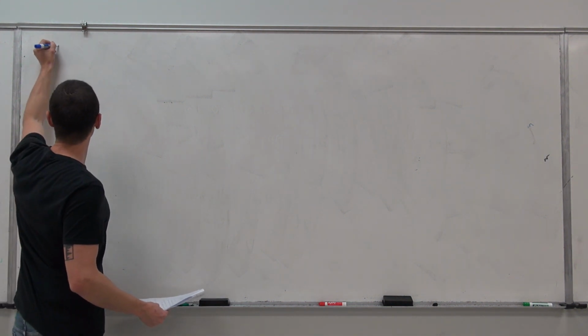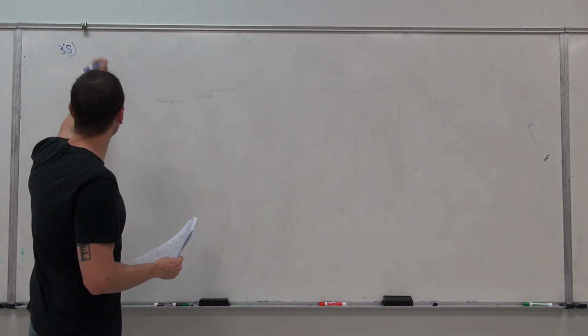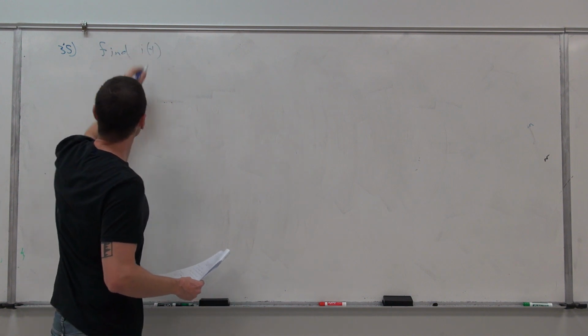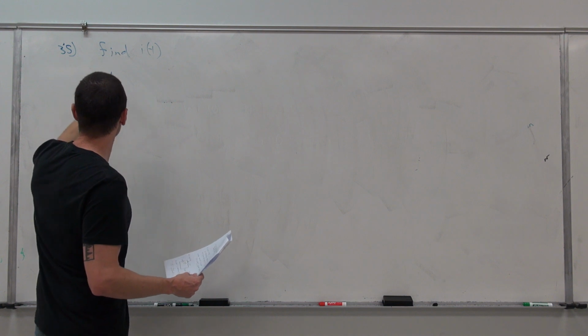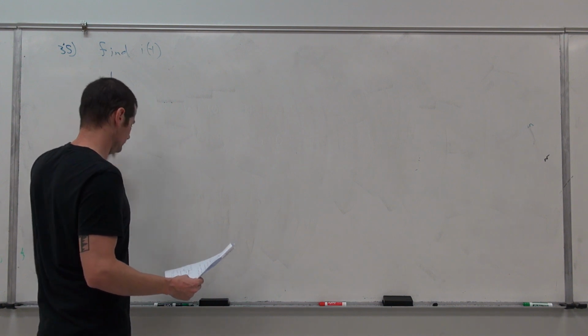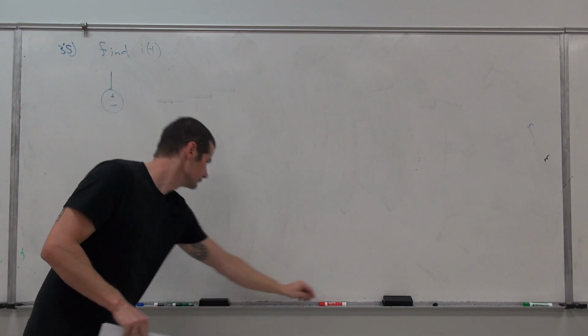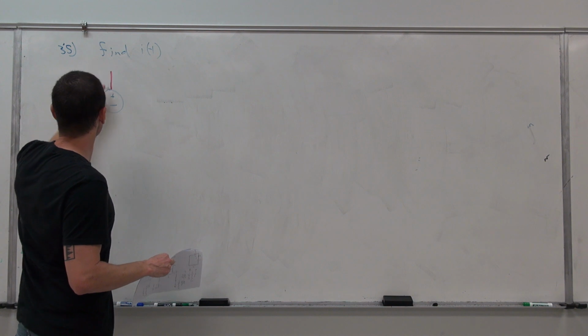So for 35, we're going to find i(t), the source current.